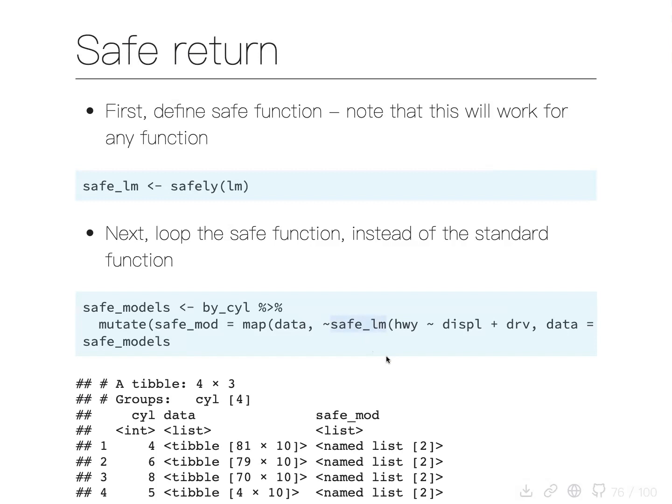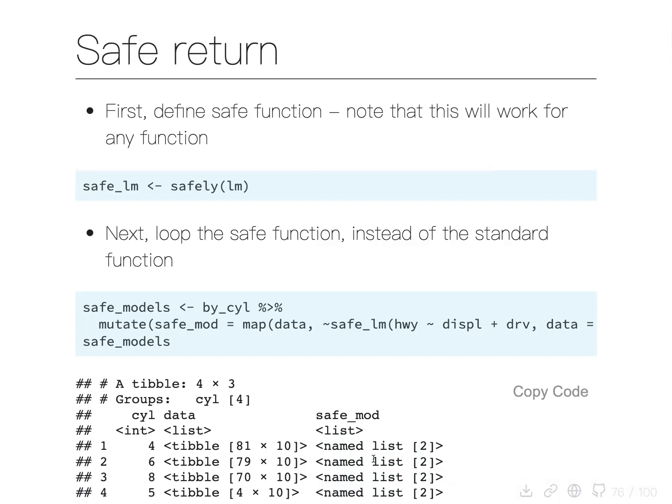But notice what I get back in return. Instead of getting back the model object, what I get is a named list. Each of these is a named list. And that's because what the safely function will do is it will try to apply the function that you passed it, lm, to this specific thing.